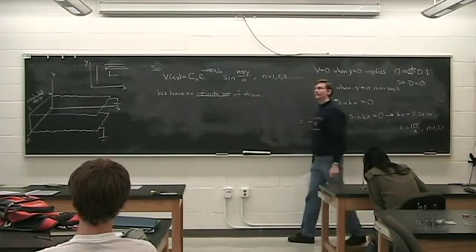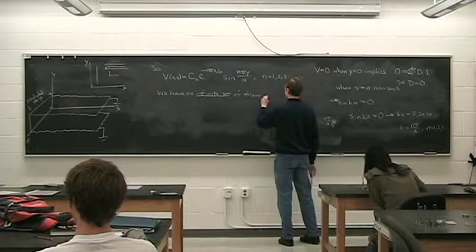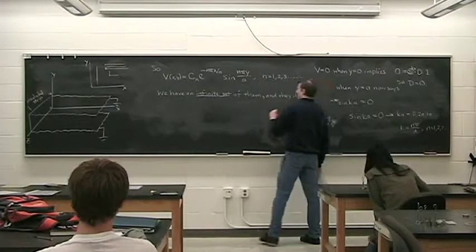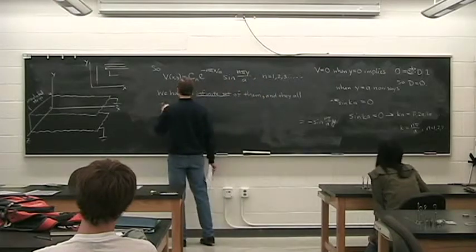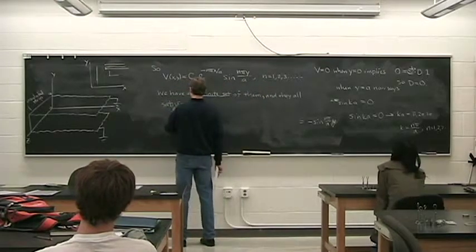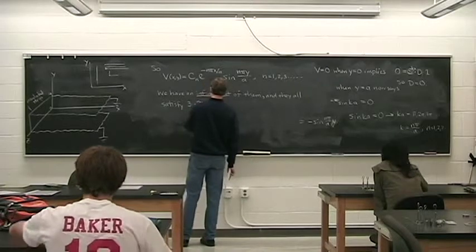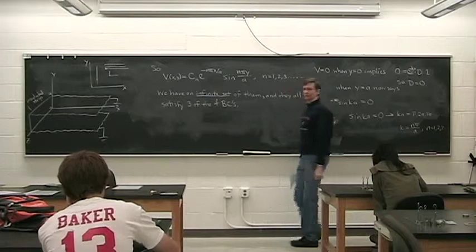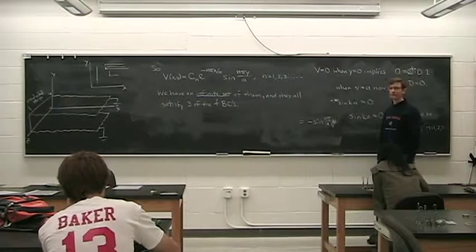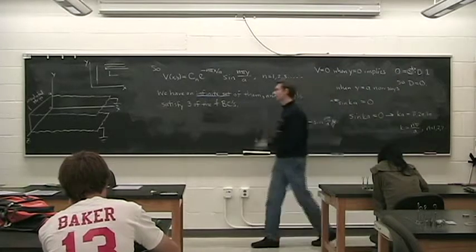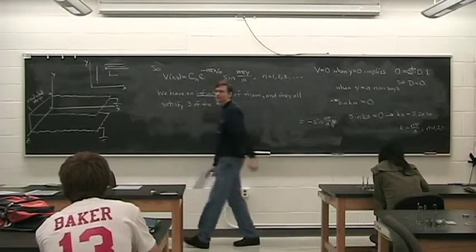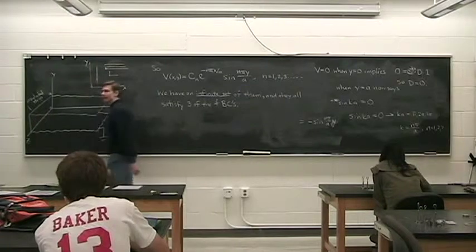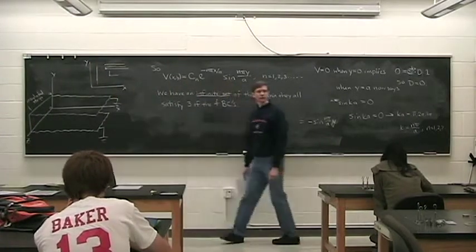We've got an infinite set of them, and they all satisfy 3 of the 4 boundary conditions, namely the y equals 0 boundary condition, the y equals a boundary condition, and the x goes to infinity boundary condition. What we haven't accounted for yet is the boundary condition over here on the left end, on the insulating strip.